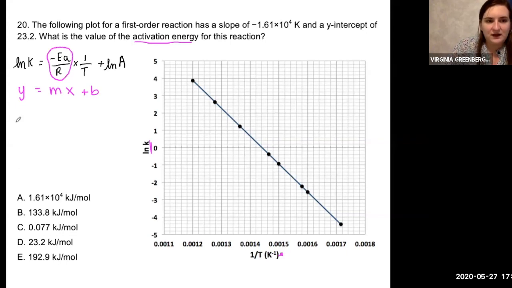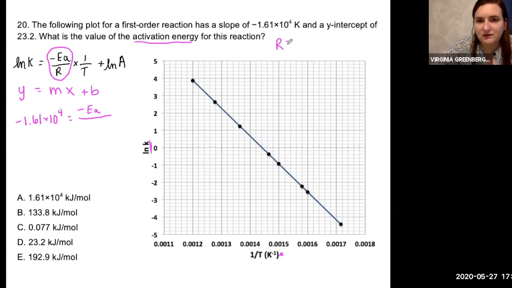And so that negative 1.61 times 10 to the fourth is going to be equal to negative EA over R. So the R that we use most often in Chem 112 is the 8.314 joules per mole Kelvin.